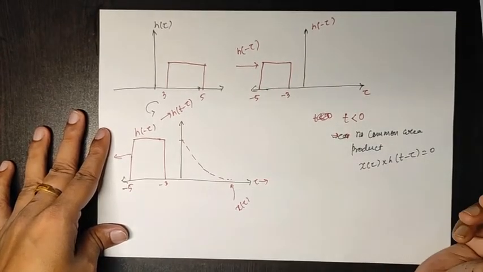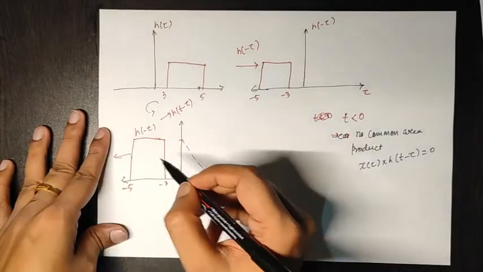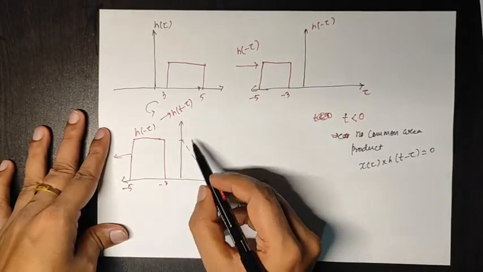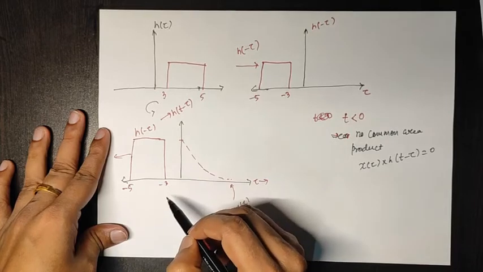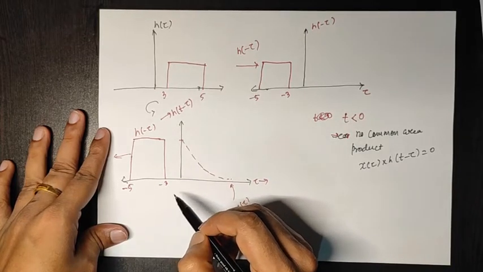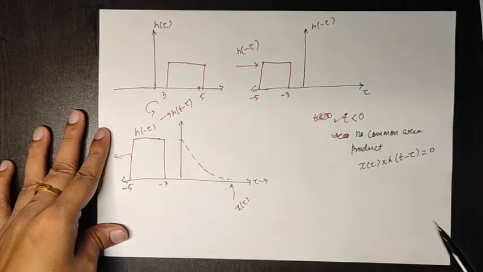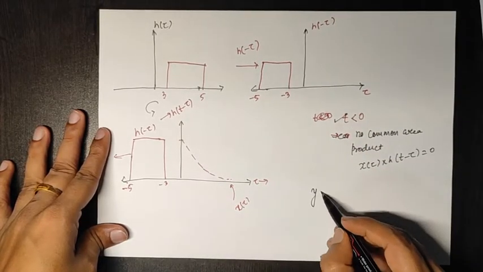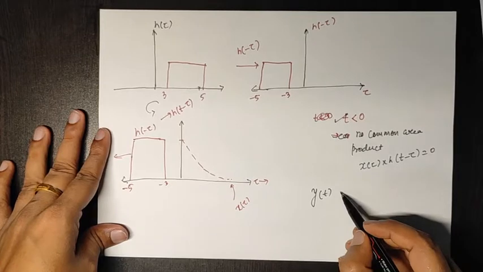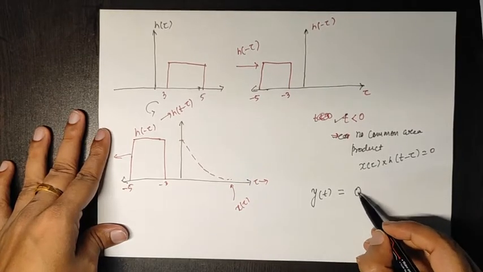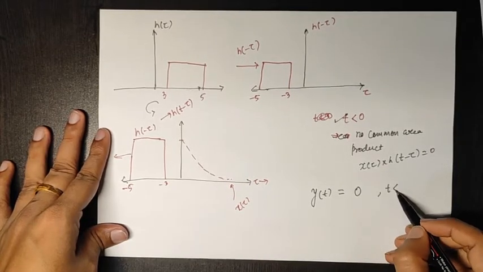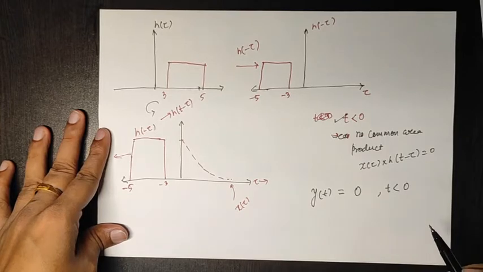So y of t will always be 0 for t less than 0.